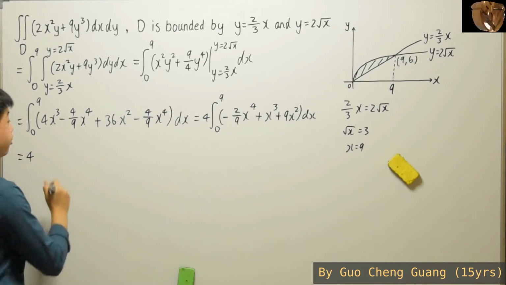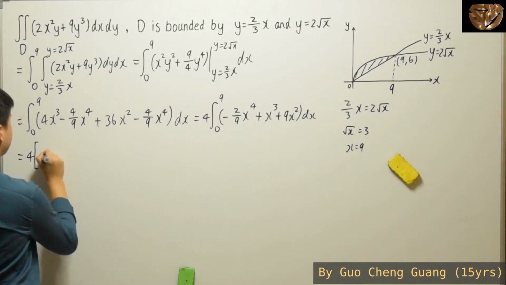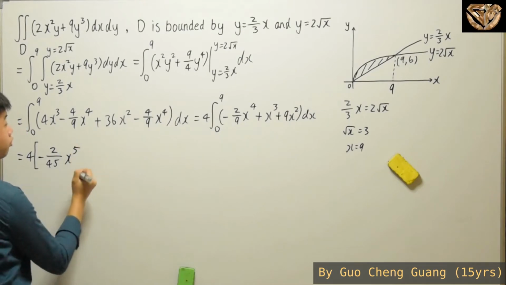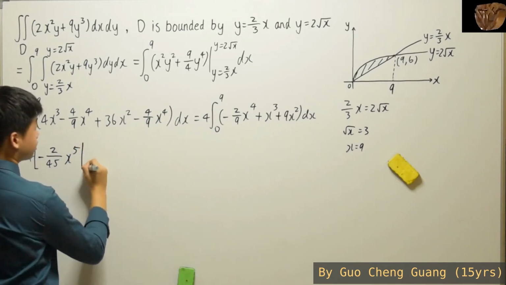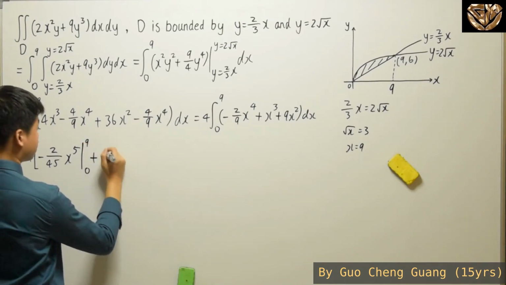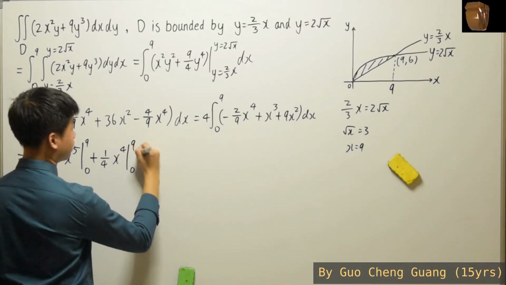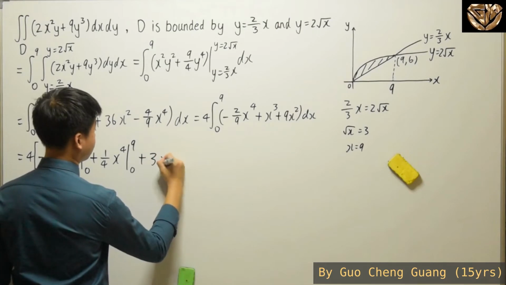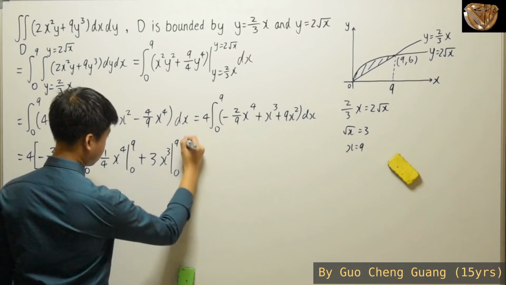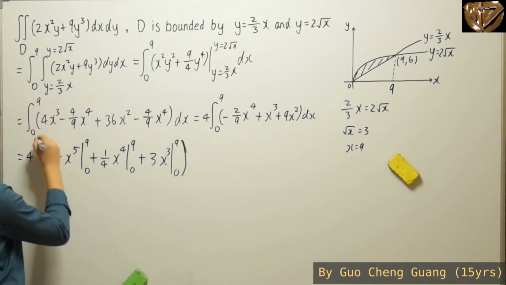So that will be 4, and you'll have negative 2 over 45 x to the power of 5, integrate from 0 to 9, then plus 1 over 4 x to the power of 4, integrate from 0 to 9, then plus 3x cubed, integrate from 0 to 9. Right, so this is what we are going to have to solve.